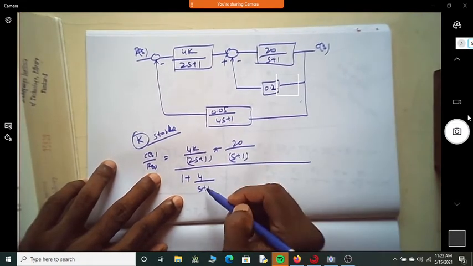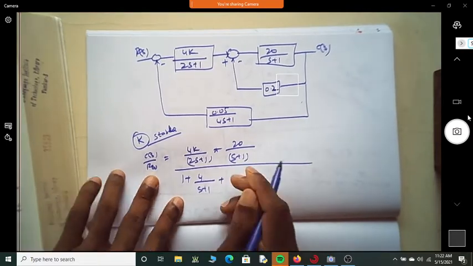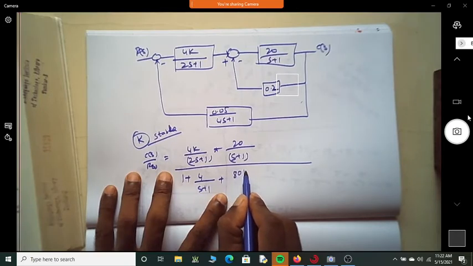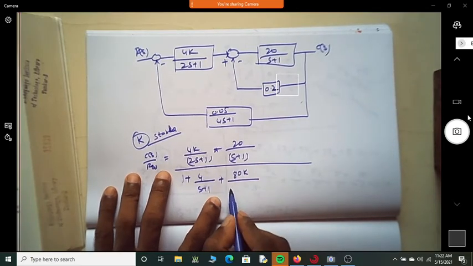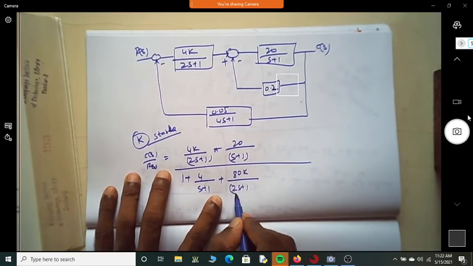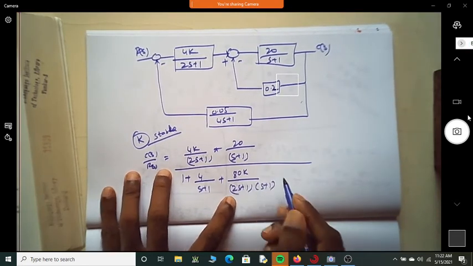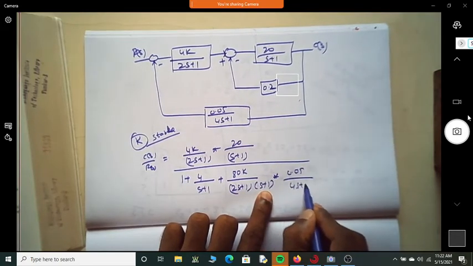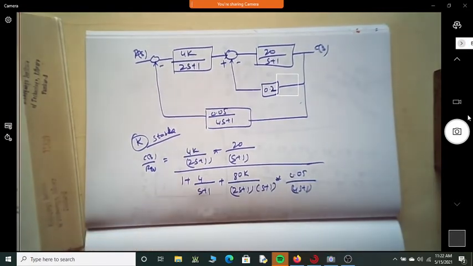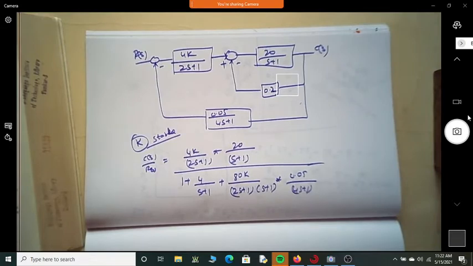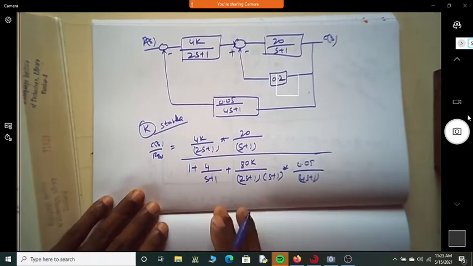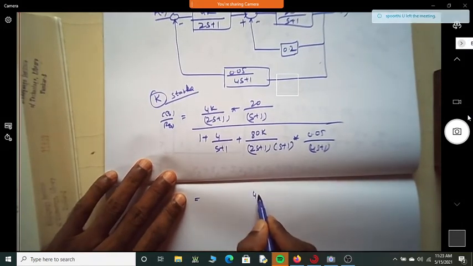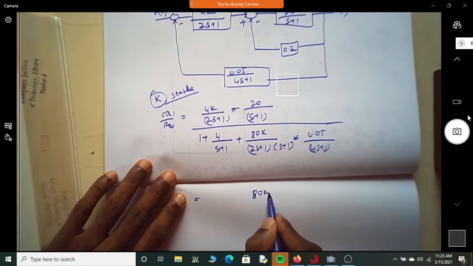20 into 0.2 is 4, plus how much is this? So this is 80k divided by 2s plus 1 into s plus 1, multiplied by 0.05 by 4s plus 1. Am I correct? So shall we solve for this now? So it will be now 80k.